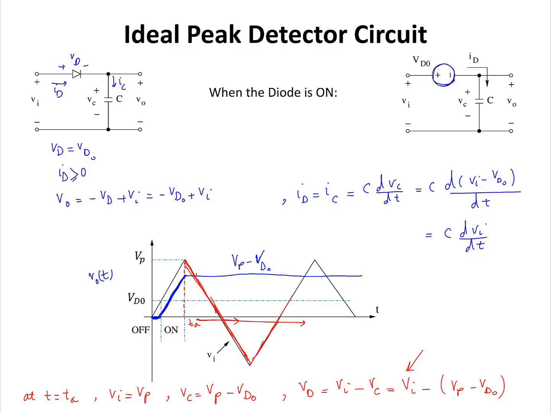As a result, Vi minus Vc is less than Vd naught. When Vi reaches its peak value, the diode might momentarily turn on, but for the ideal cases, we're going to assume that the diode does not turn on anymore, because immediately after this time point, the amplitude of Vi decreases from its peak value.